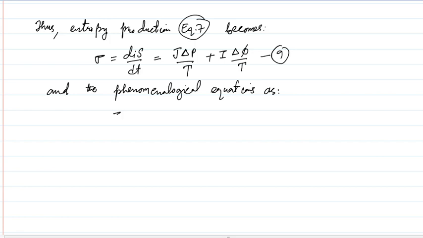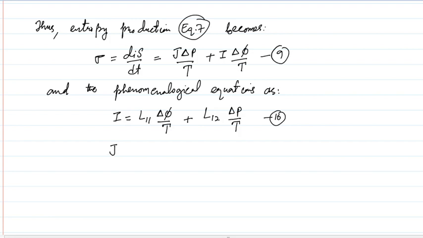We can write this I in terms of L11 delta phi upon T plus L12 delta P upon T. This is equation 10.